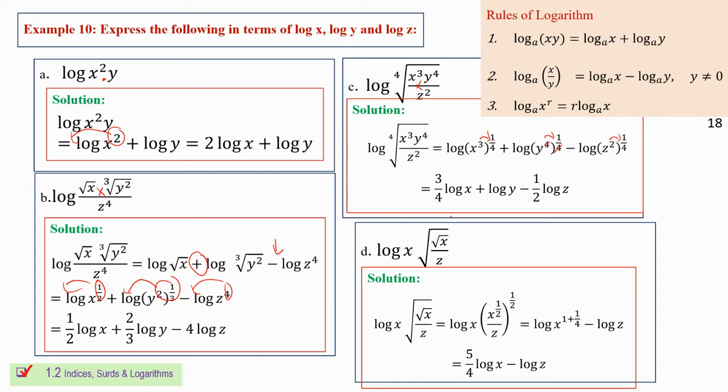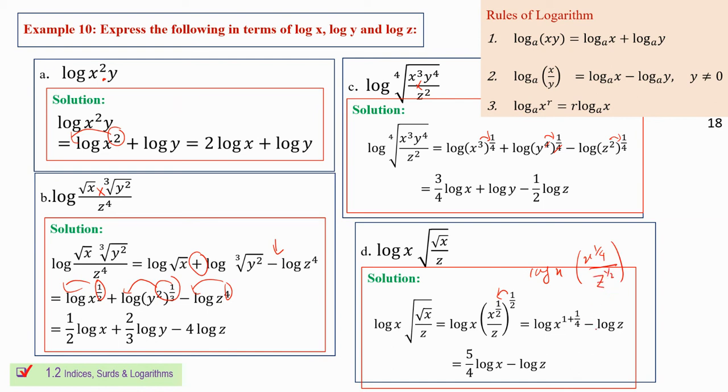Okay, and then the last one looks even more weird. No need to panic. Just copy x back. And then this square root, we change to power half, and this square root, we change to power half. And remember, by our indices, this one is multiplied here. So I have x power of 1, log x power of 1 over 4. The denominator is z power of 1 over 2.